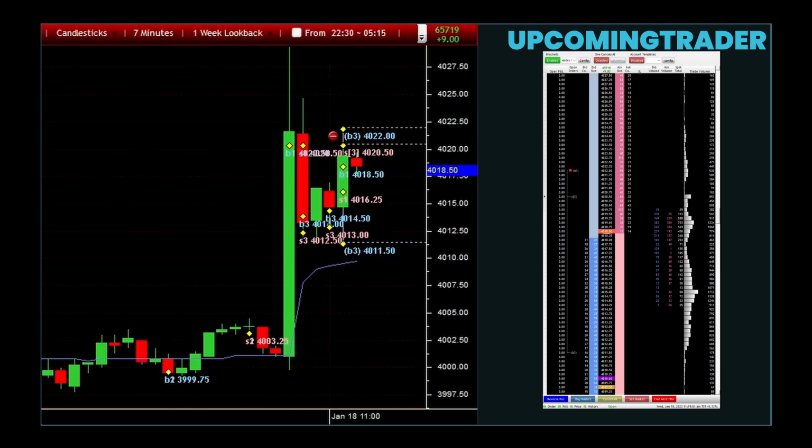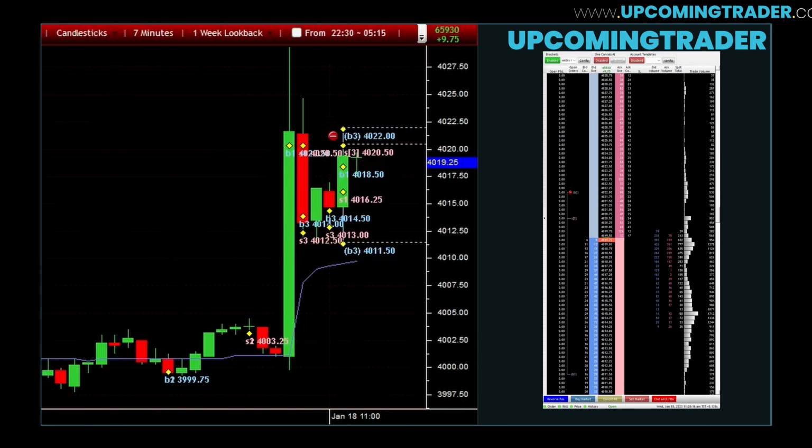Let us take a moment to recap what we have learned so far. Range charts are all about price movement. They do not care about time. They are great for filtering out noise, making trends clearer, and helping you see key support and resistance levels. By focusing only on important price changes, range charts make it easier to see what is really happening in the market.